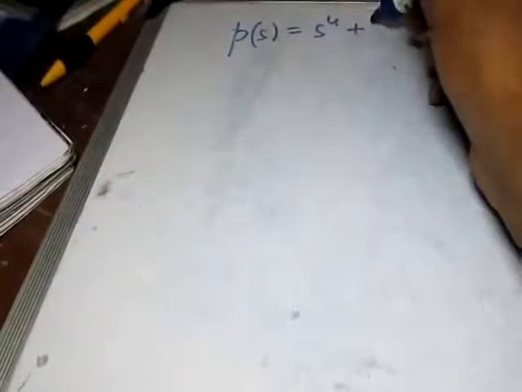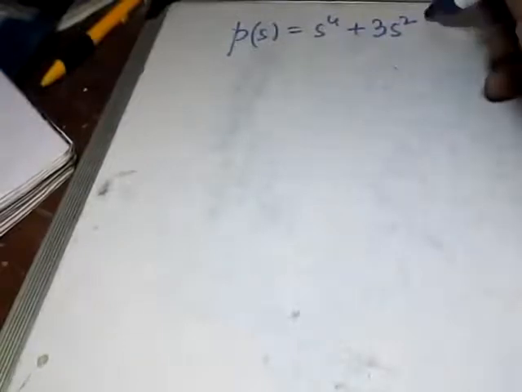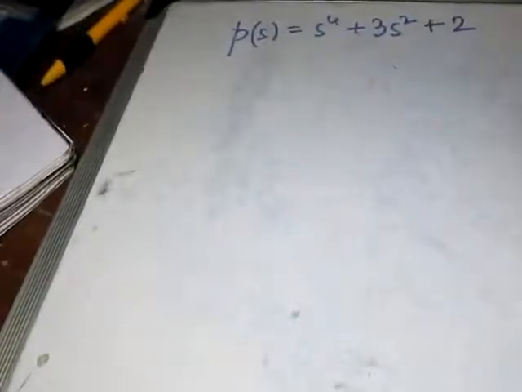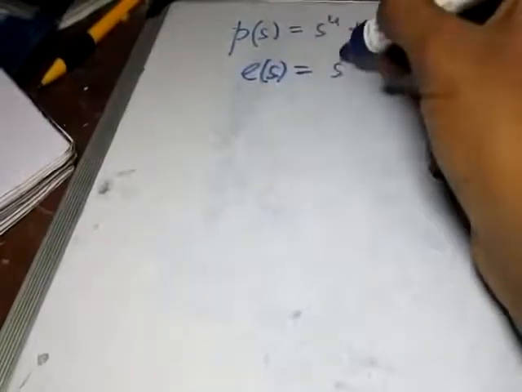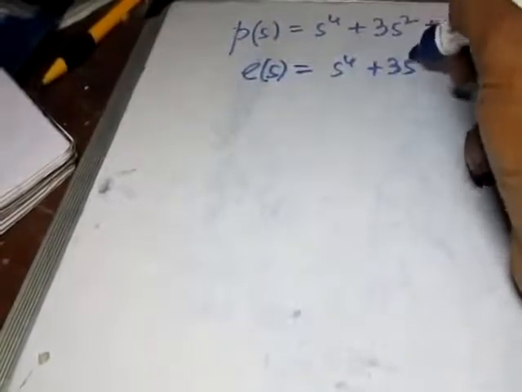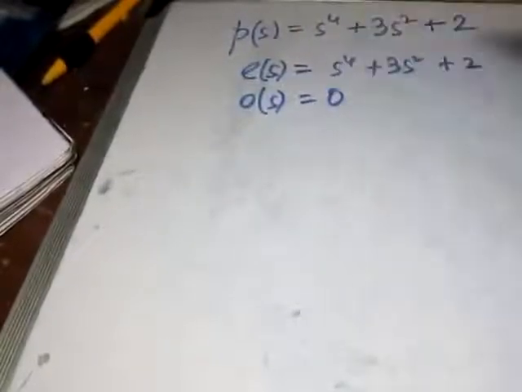Next, we will take another example. Let's try a function P(s) equal to s to the power 4 plus 3s square plus 2. Here the even polynomial will be s to the power 4 plus 3s square plus 2. The odd polynomial will be 0.